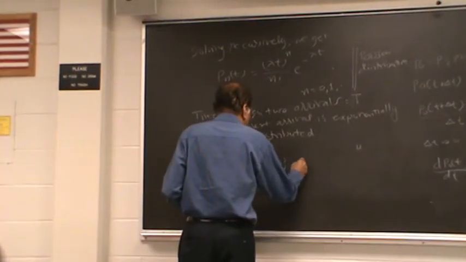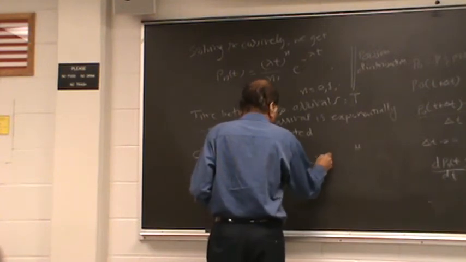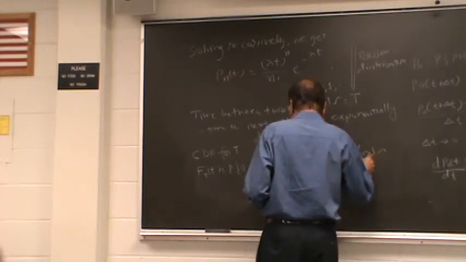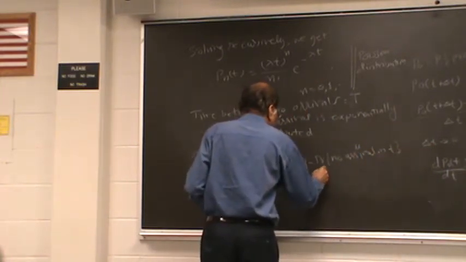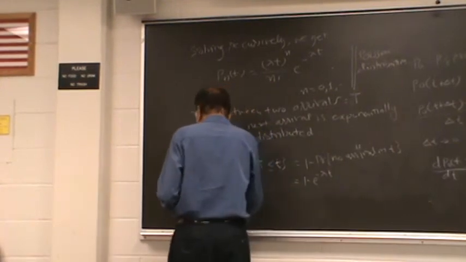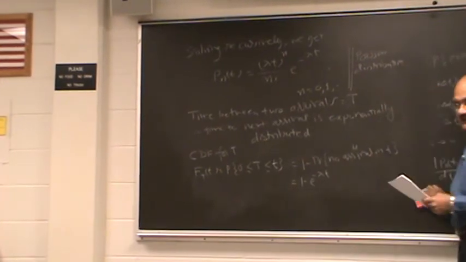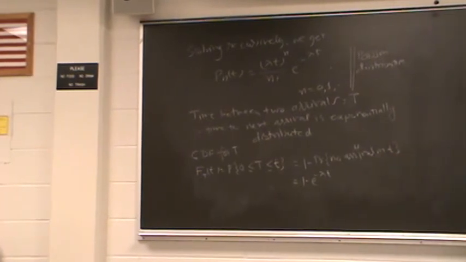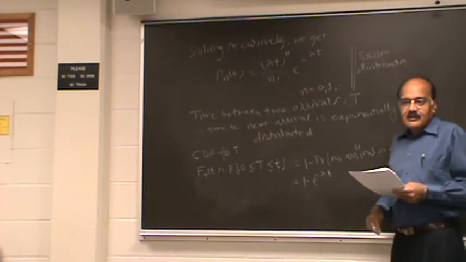And that we have calculated as equal to 1 minus the probability of no arrival in t, and that is equal to 1 minus e raised to minus lambda t. Now the density function, as you know, is the derivative of the distribution function, right? So if you want to get the density function, all you need to do is to take the derivative of this.